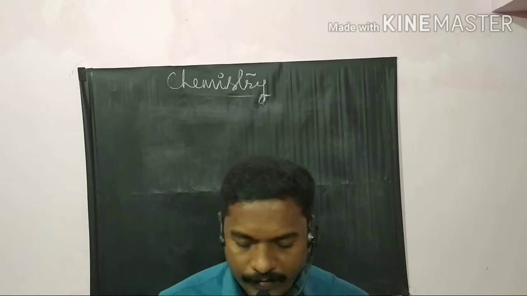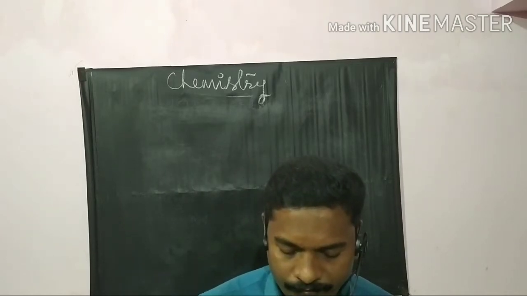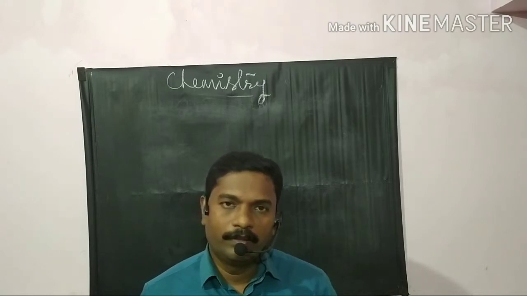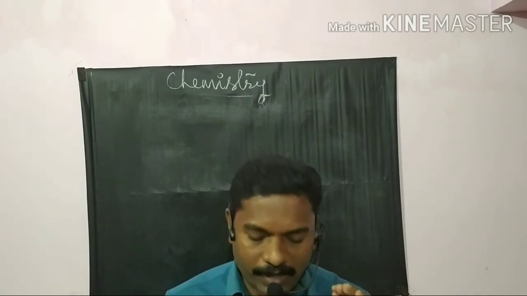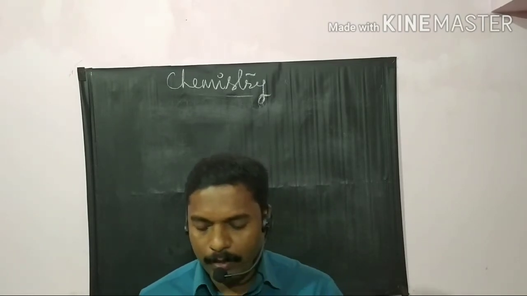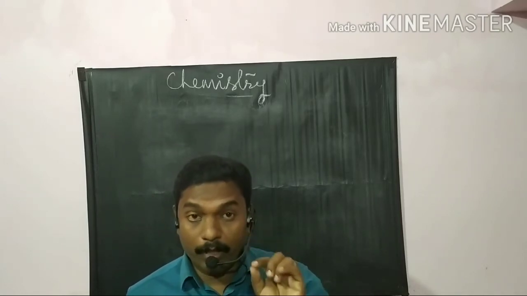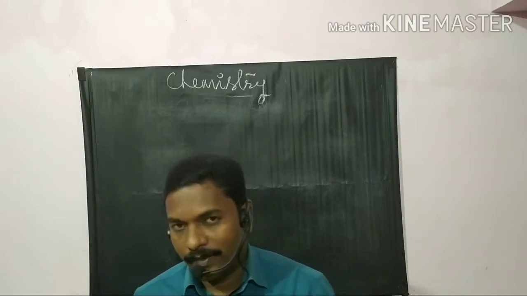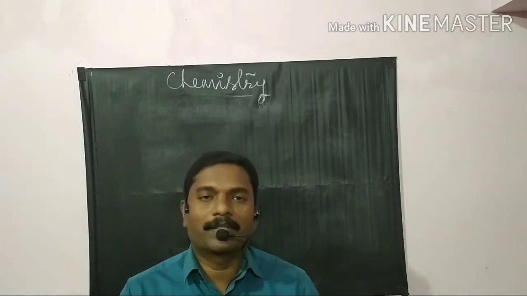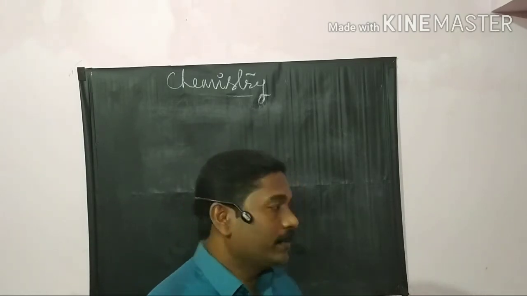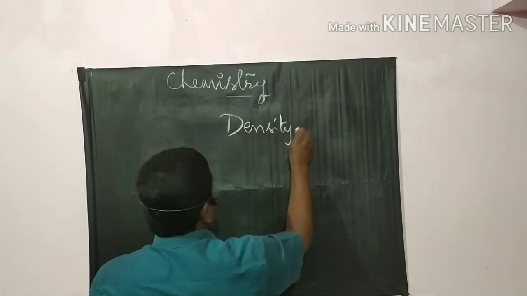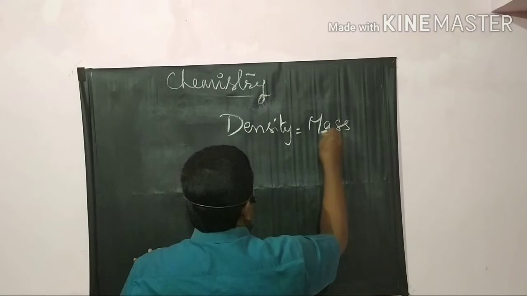Then here listen. Actually, the density of a substance depends upon the number of particles per unit volume as well as upon their mass. That is, as we know, density is equal to mass by volume.